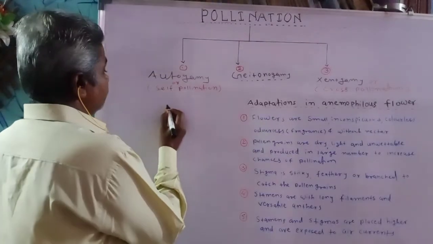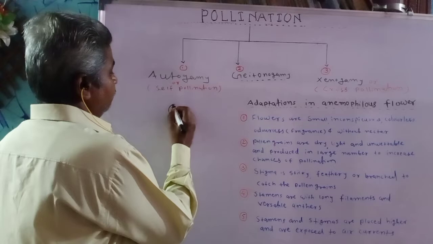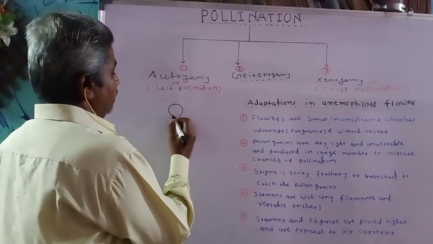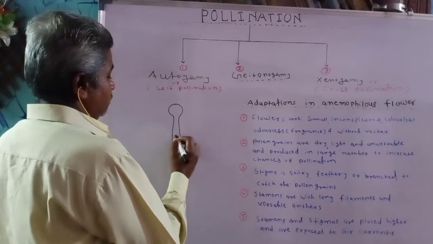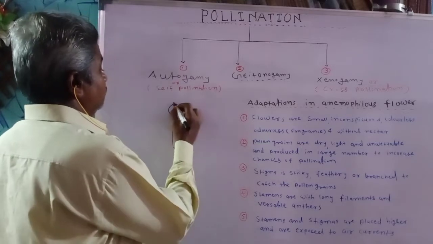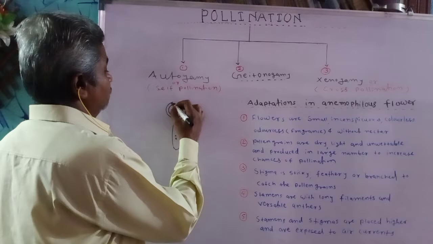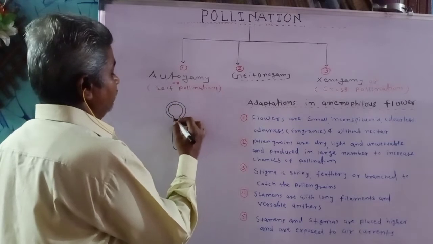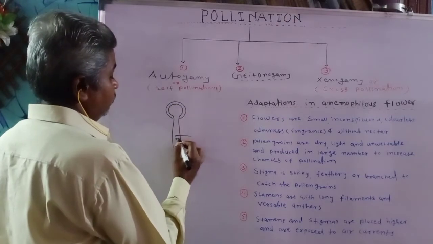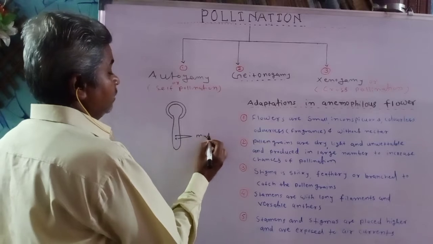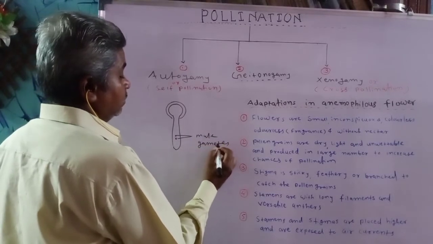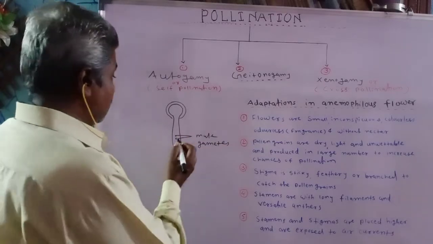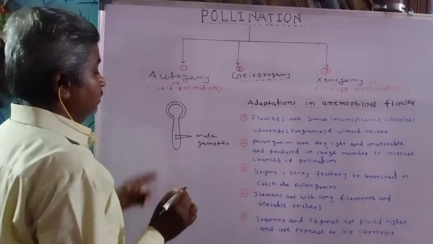The male gametophyte develops from the pollen grain, and when this pollen grain germinates on the stigma, later on it produces two non-motile male gametes that lie in the pollen tube. These are the male gametes and these are non-motile. So this is about the male gametophyte.